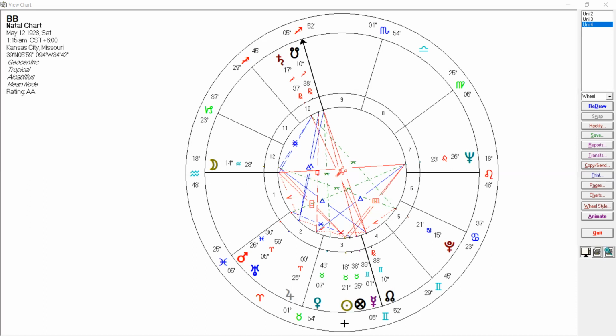So now we've got one of the rulers of the part of marriage applying to the square of the actual planet that signifies marriage, the sun, and the moon has separated from Venus, right? So we've got those things as well. Really, the next application is the sextile to Saturn. But yes, there is indeed the applying square to the sun as well.